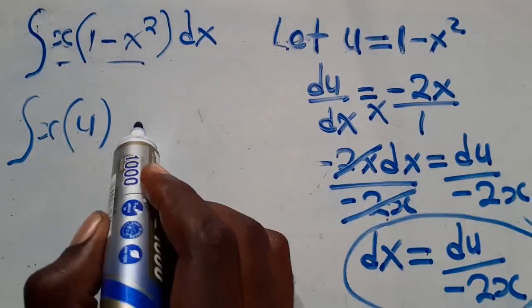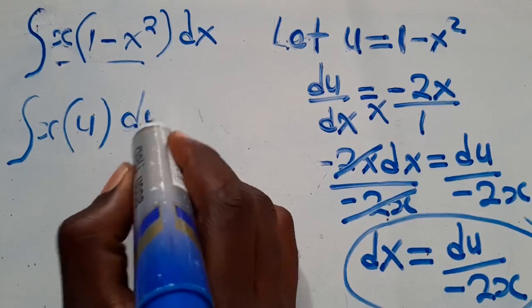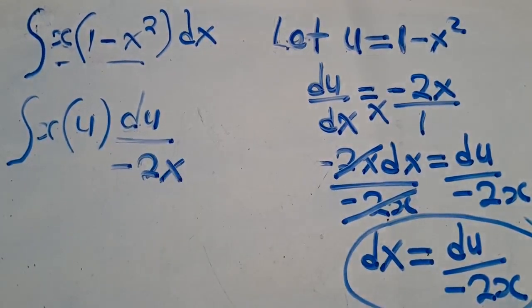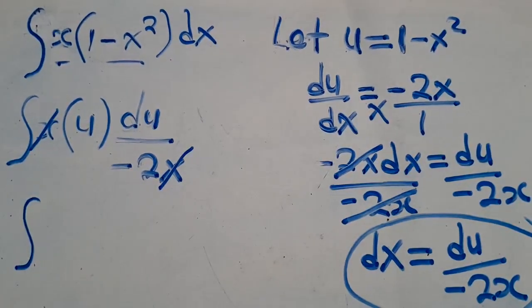This one, what is it? What you have there is du over negative 2x. You've got something like this. There is x. So if you continue with this, this x and that x will cancel out. Have you seen?